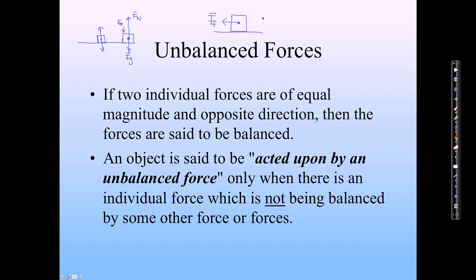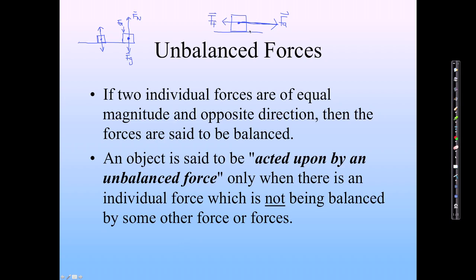And so this can take a maximum value only. And if we push harder than that maximum, I'll draw this arrow bigger to indicate that it's a bigger force, then this frictional force balances only a part of the applied force.